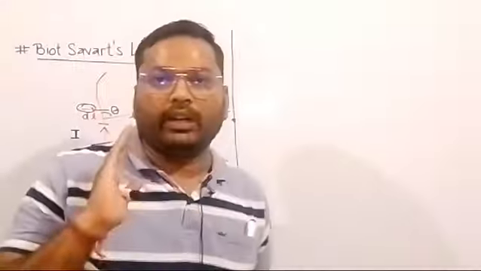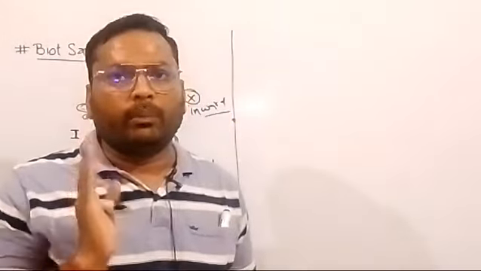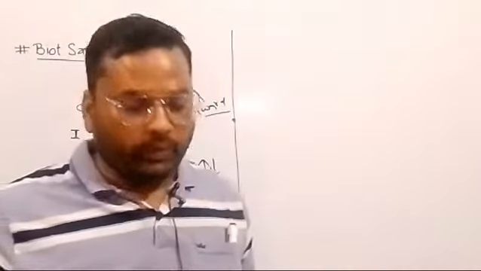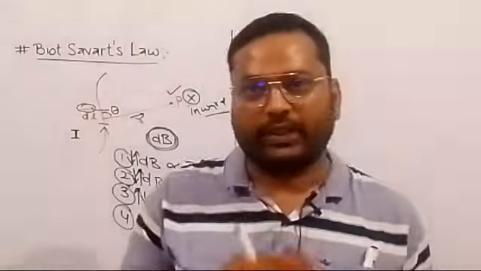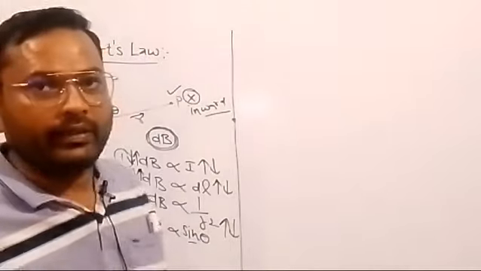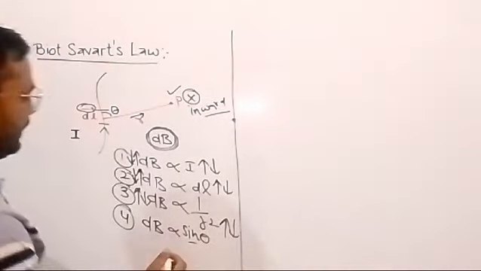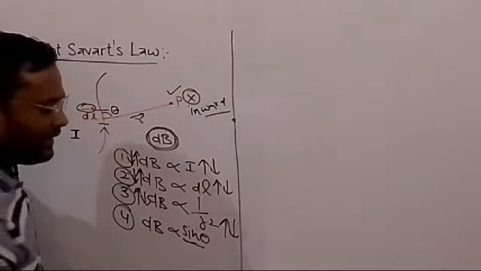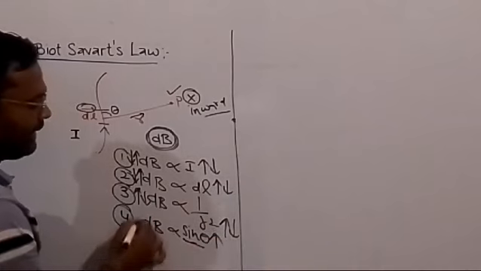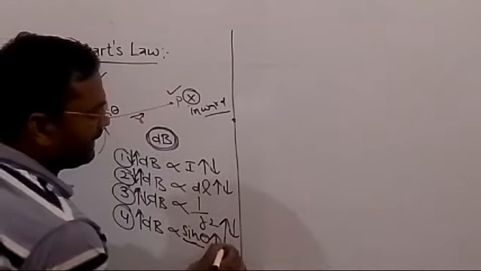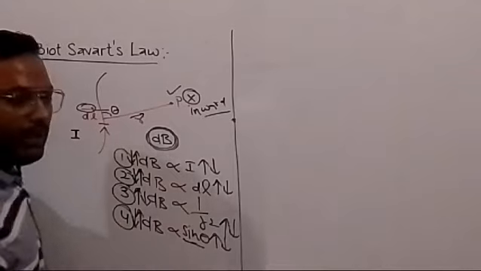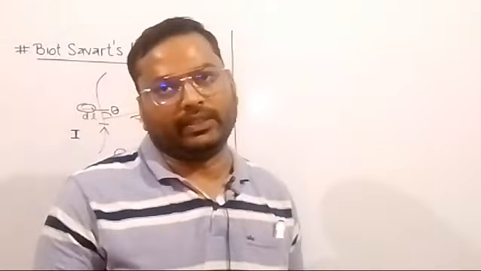In vector form also, we take the sine component. If sine theta increases, then dB also increases. If sine theta decreases, the magnetic field also decreases guys.